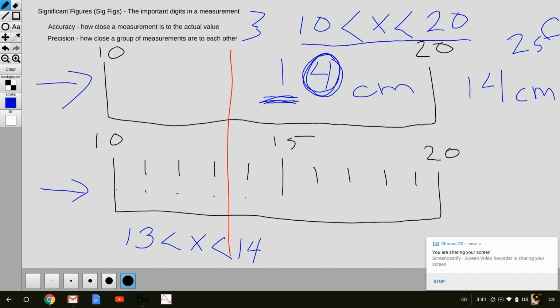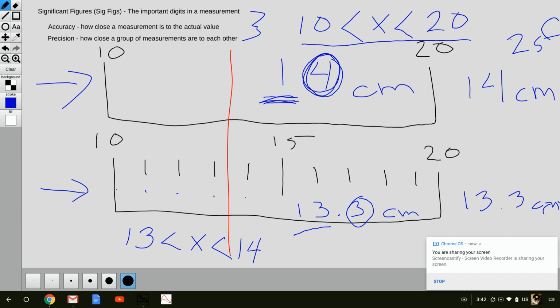Because I know it's 13 at least, I can write down 13 point, and now I'm going to guess somewhere between 13 and 14. Again, it looks a little bit less than half, so I'm going to guess 13.3 centimeters. The 13 I knew, and I estimated the 3. That gives us a measurement of 13.3 centimeters.